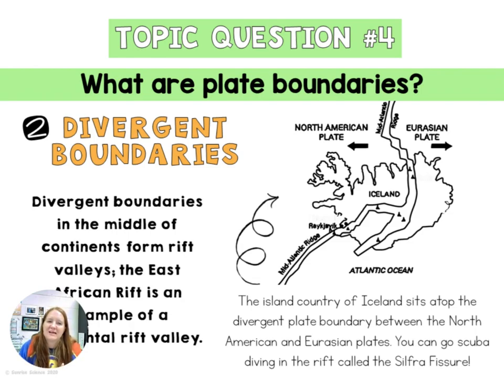So let's talk about what's happening there. So you have two plates, all right, and you'll have soil and erosion and all sorts of stuff that's going to build up on top of these plates. You're going to have huge, thick sections of soil and dirt and rocks on top of this boundary.